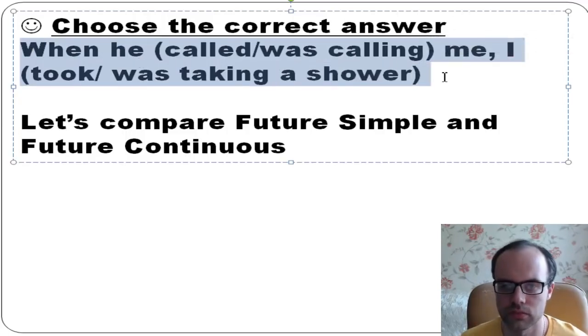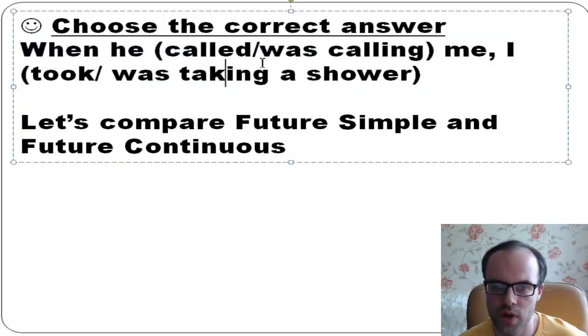So you see, when he called me or when he was calling me, when I took a shower or when I was taking a shower. So which action is long and which action is short? I think that this action is long, really.